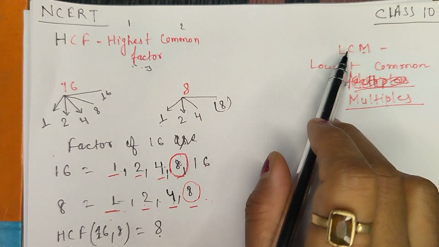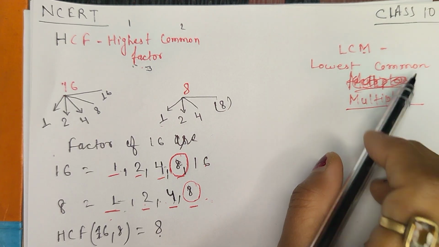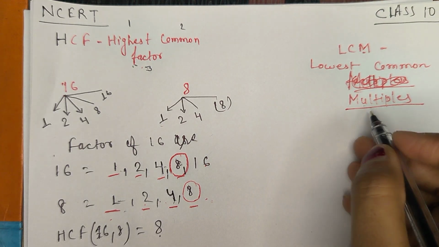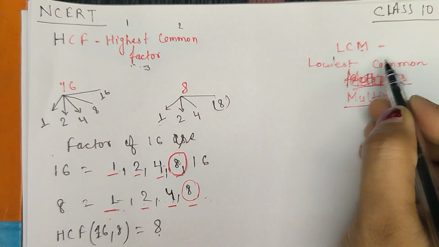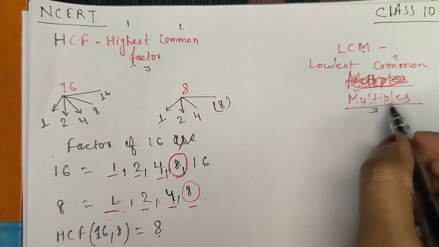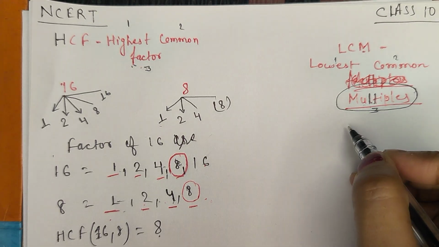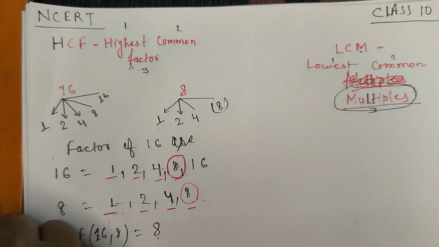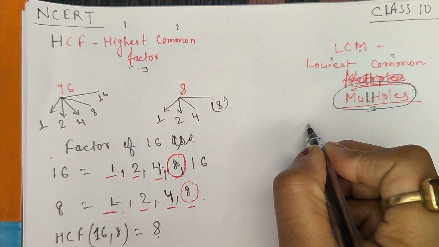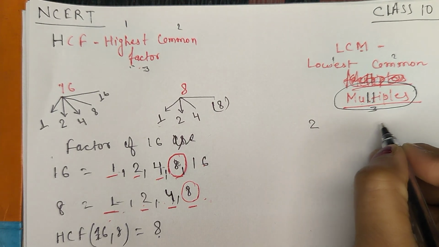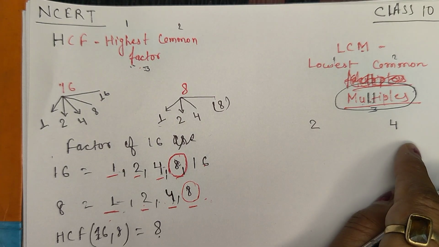The second is LCM, lowest common multiple. What is the meaning of multiple? You can see there are 3 words. First understand what a multiple is. We take examples like 2 and 4.